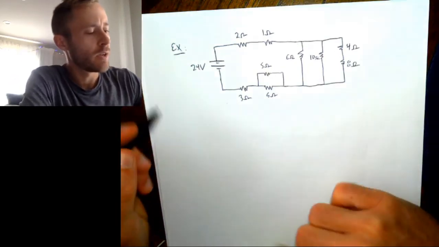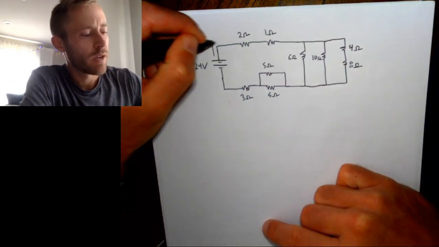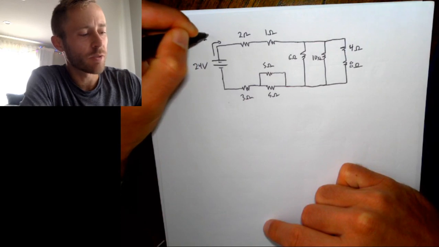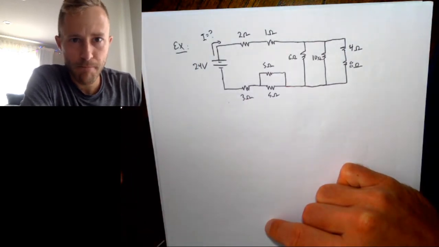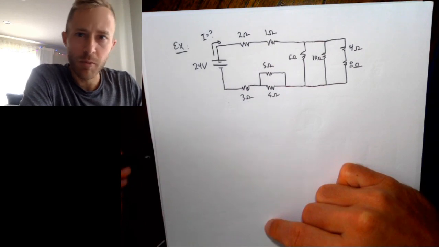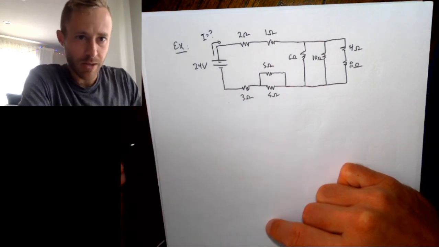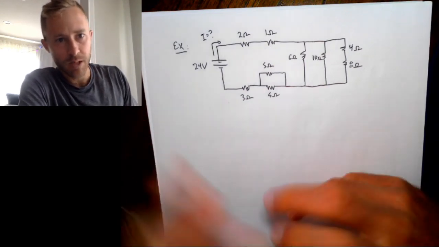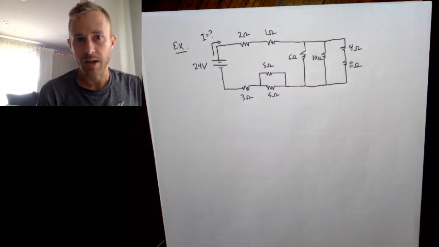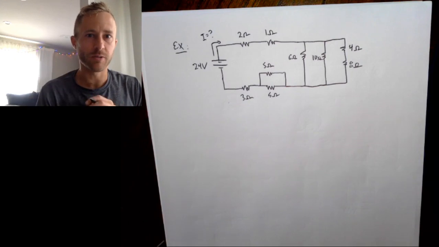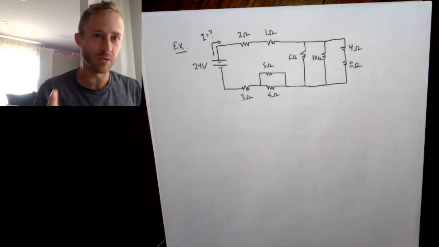Okay, and so the question is, how much current is going to flow out of the battery? Okay, so what we want to do is we want to identify series and parallel resistor combinations, and then we want to reduce this down to just one resistor and one battery.